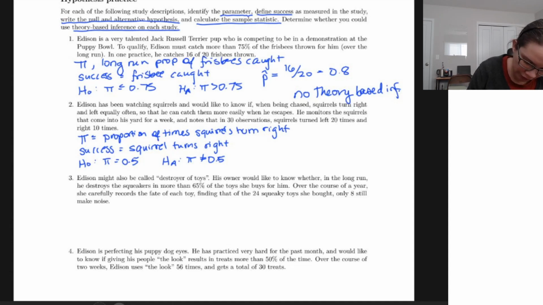He wants to know if they turn left or right equally often, okay? So p hat equals 10 over 30 equals 0.333, and we can use theory-based inference because we have at least 10 successes and 10 failures.